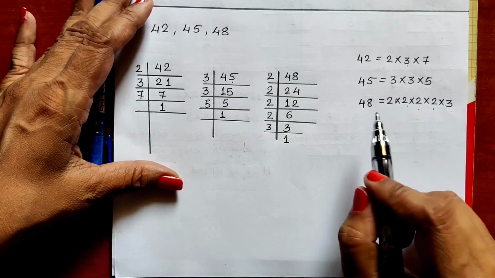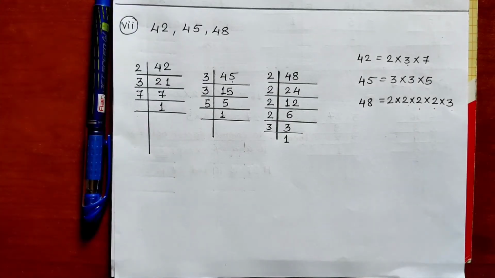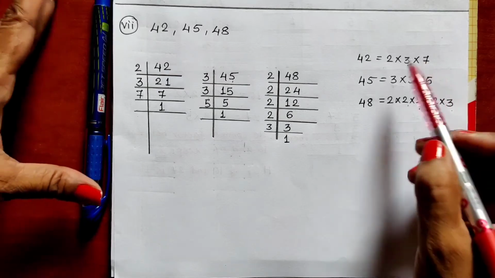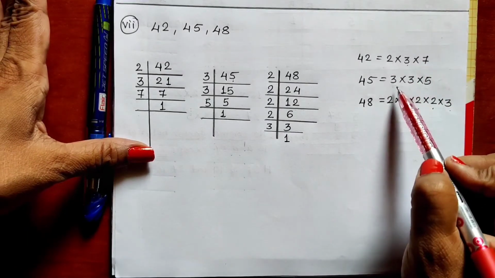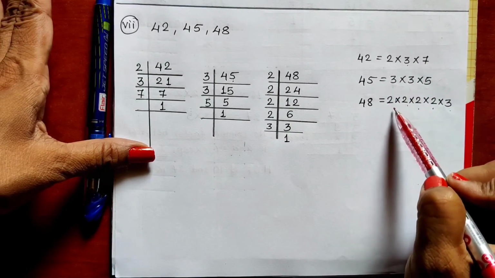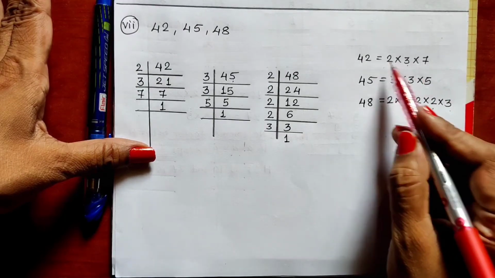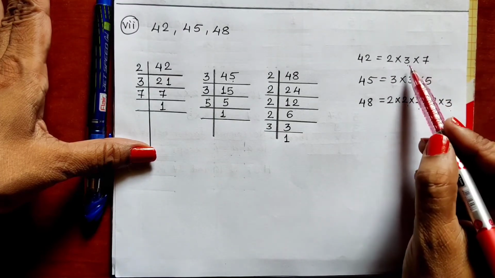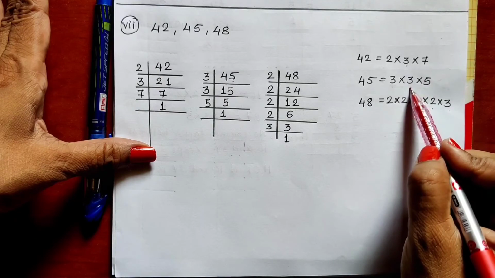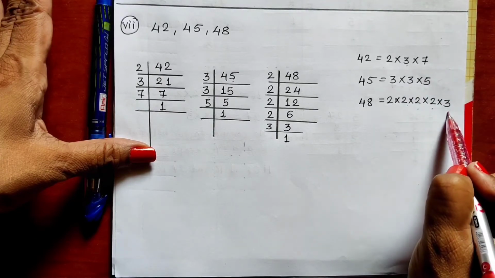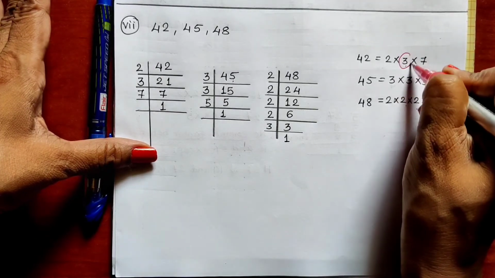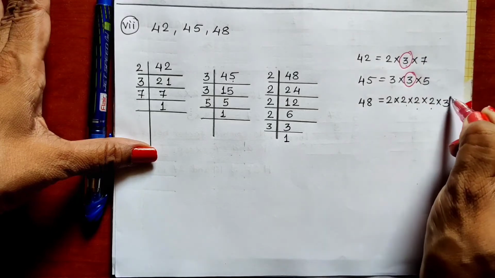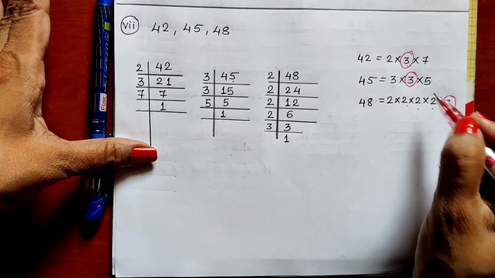In this way, we have got the prime factors of all the three numbers. Now let us encircle the common factor. 2 is there in 42, but 2 is not there in 45, 2 is there in 48. So 2 is not a common factor. 3 is there in 42, 3 is there in 45, and 3 is there in the factors of 48 also. So 3 is the common factor between all these three numbers.